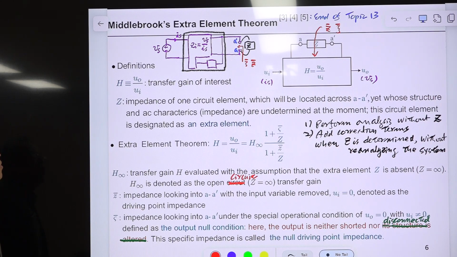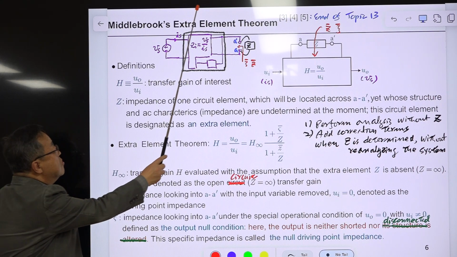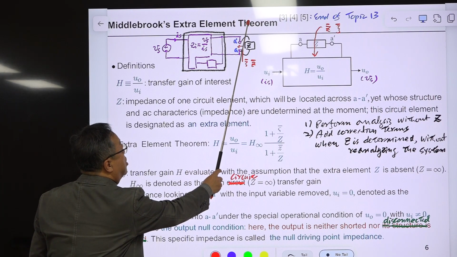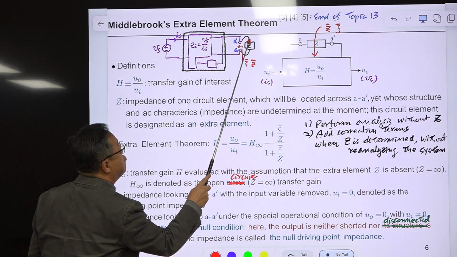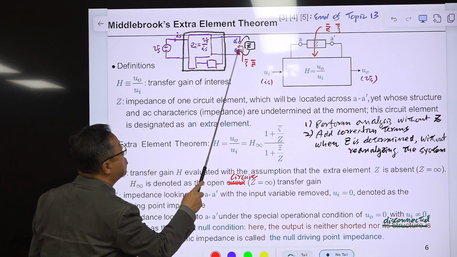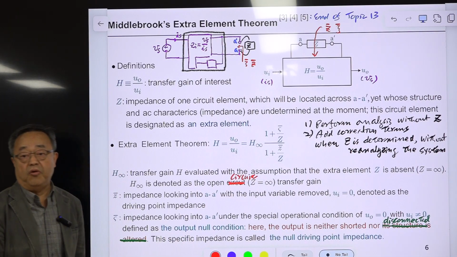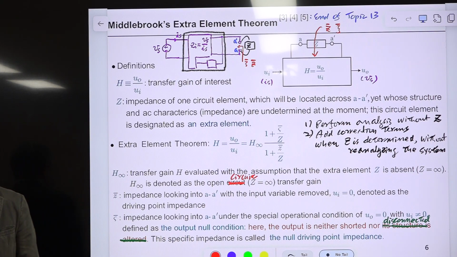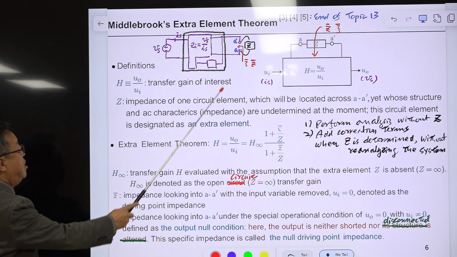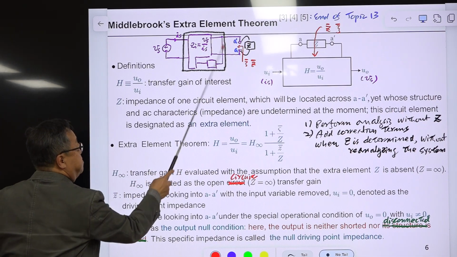But in an uncoupled converter, we are assuming this is an open circuit, but it is still taking current. So we replaced this with a current source, which presents the infinite load impedance. So in terms of this EET, this is gone.